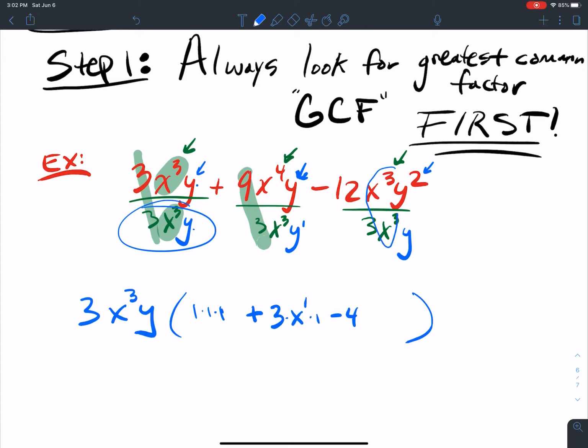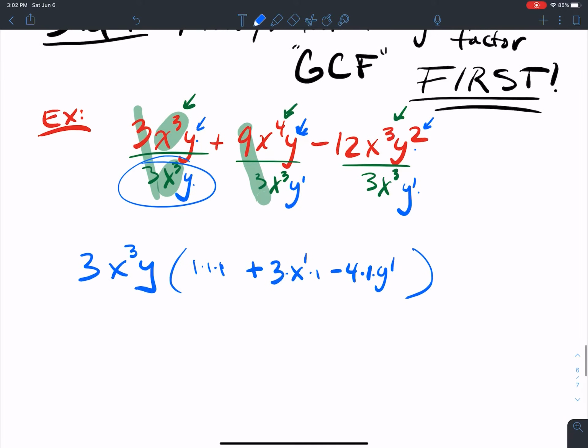Now, x cubed divided by x cubed is just a fancy way to say 1. And then y squared divided by y, there's 2 y's up top and 1 y in the denominator. So y in the numerator wins by 1. So that's what I'm left with. So this becomes 3x cubed y times parentheses 1 plus 3x minus 4y.